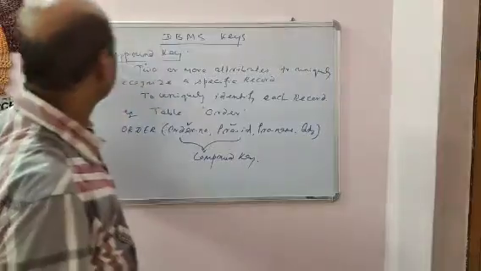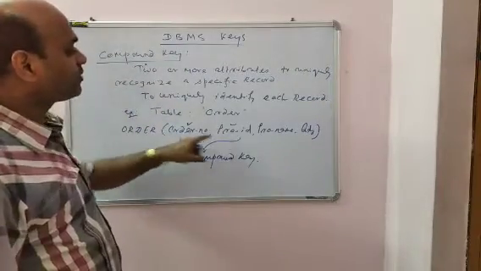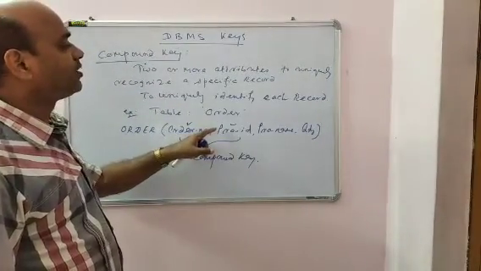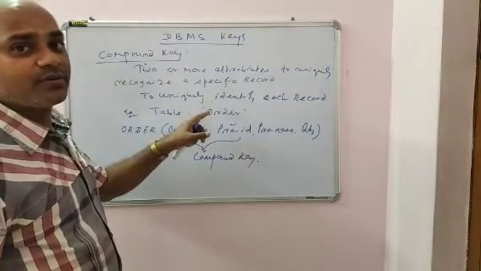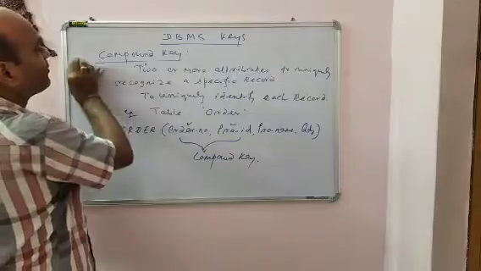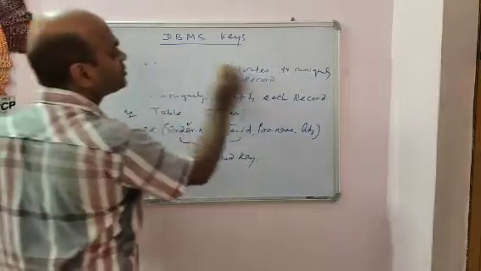This is the compound key. More than one attribute acts as a unique identifier of a record. That is the compound key.